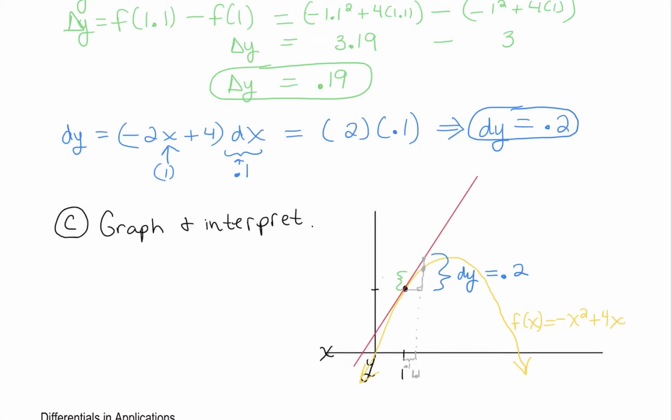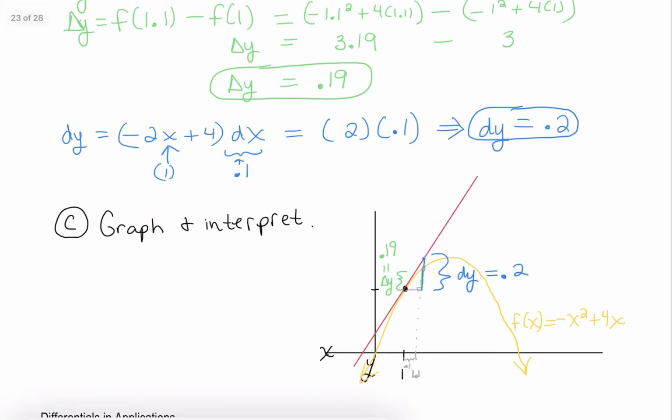So this is my delta y, and that was equal to 0.19. This was the actual change in y on the function. And the dy is the change in y, I go all the way up to there, that's the change in y on the tangent line.